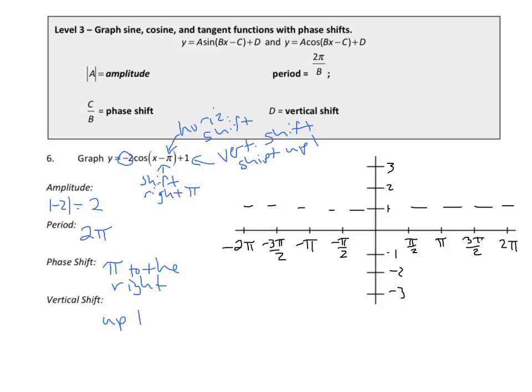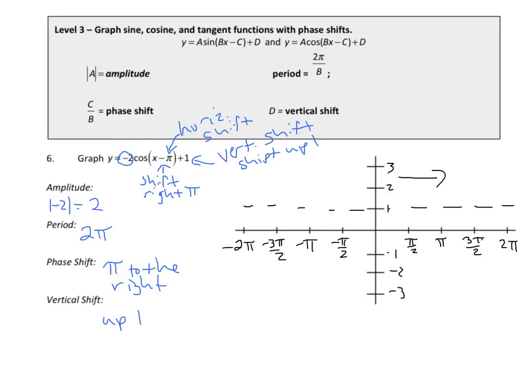Okay, now this is a cosine graph. It's shifting up 1, and it's also shifting pi to the right. So I could think of my starting place, like where my y-axis was, as shifting to the right pi. So it's way over here.